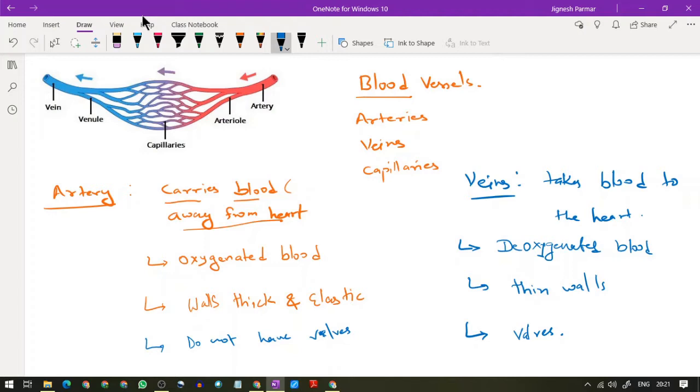There the organs can exchange their food and blood. So the smaller vessels bring the blood in contact with the individual cells. The smallest vessels, which have walls one cell thick, are called capillaries, and these are the ones connecting artery to vein.